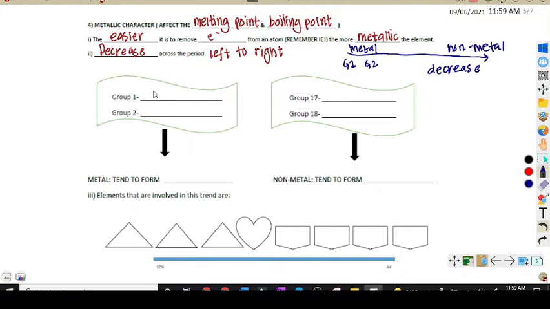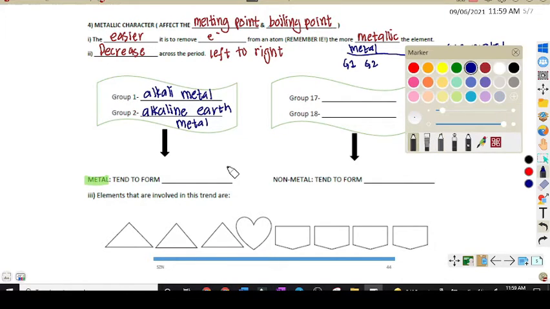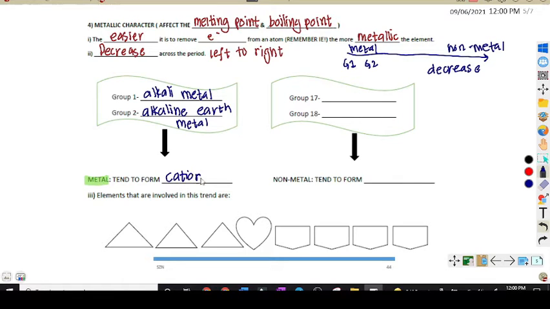The other name for group 1 is alkali metal, and group 2 is the alkaline earth metal. So these two are metals. They tend to form cations, because they tend to donate. Remember back in chapter 2 when I said that when the valence electron is 1 to 4, the element will tend to donate.